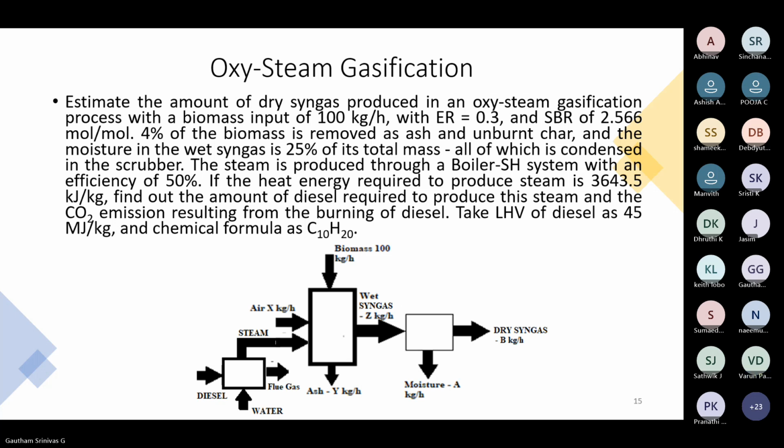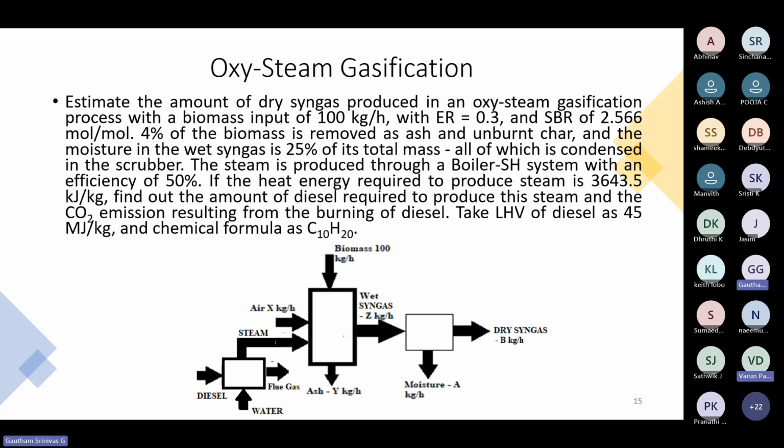Can you calculate Z or Y from the question? 4% of biomass is removed as ash. So 4% of 100 kg is 4 kg. So ash is 4 kg, this Y is 4 kg.